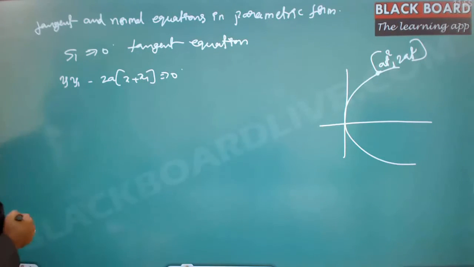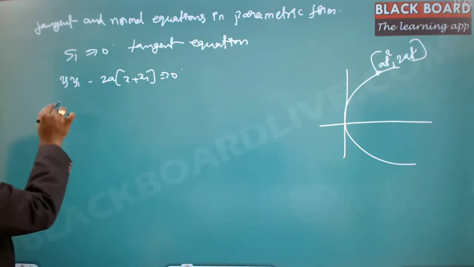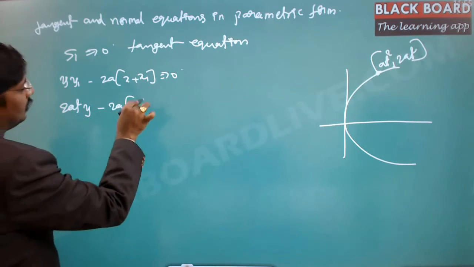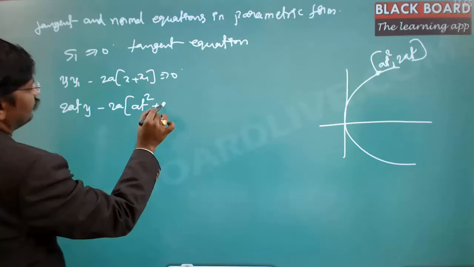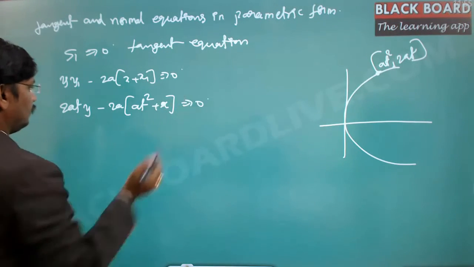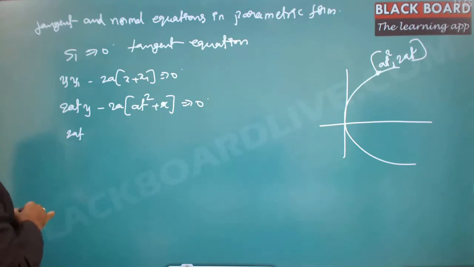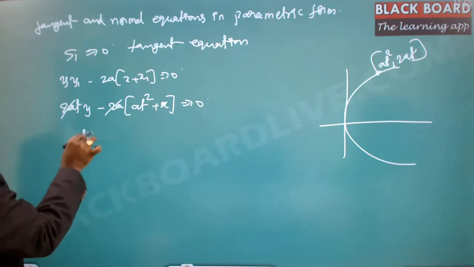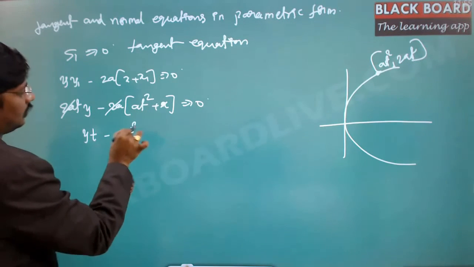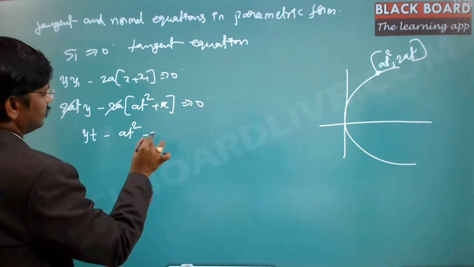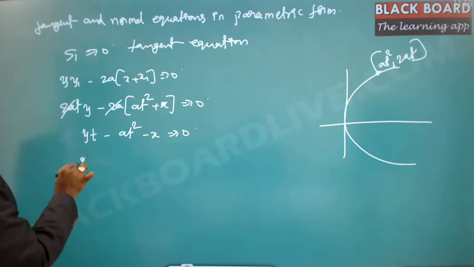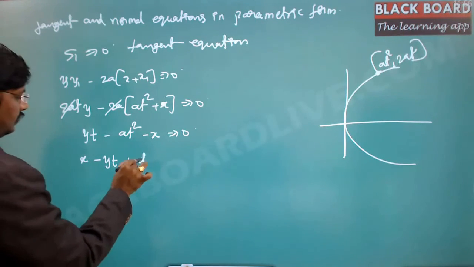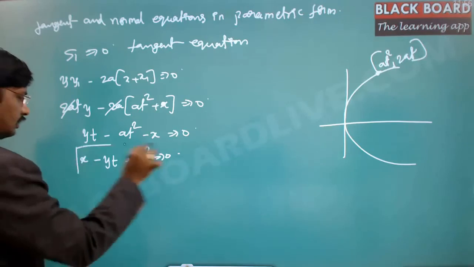Out of that, if you substitute the point at square, 2at, we get 2at into y minus 2a into at square plus x equal to 0. Or 2at or 2a you can cancel out on either side, and then yt minus at square minus x equal to 0, or x minus yt plus at square equal to 0. So this is the equation of the tangent.